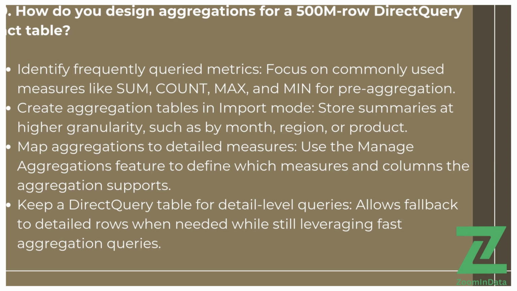Map aggregations to detailed measures. Use the Manage Aggregations feature to define which measures and columns the aggregation supports. Keep a direct query table for detail-level queries. Allows fallback to detailed rows when needed while still leveraging fast aggregation queries.